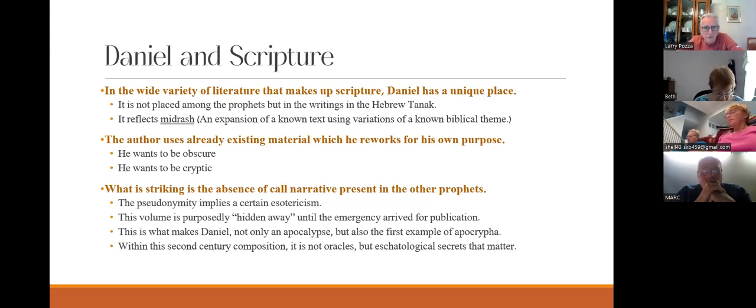Last thing here is it seems as though the final version of the book is not finalized until the 2nd century BCE. So the 6th century BCE is when Daniel is purported to be taken to Babylon, but it seems as though the book is not finalized until much later. One of the things that has been said about the book of Daniel is it's the first example of Apocrypha.